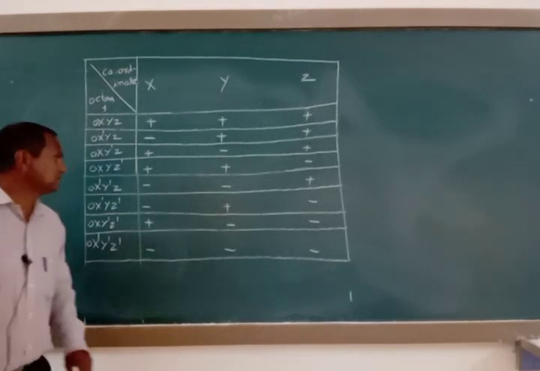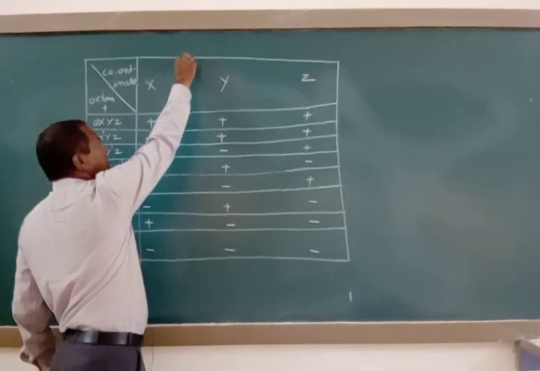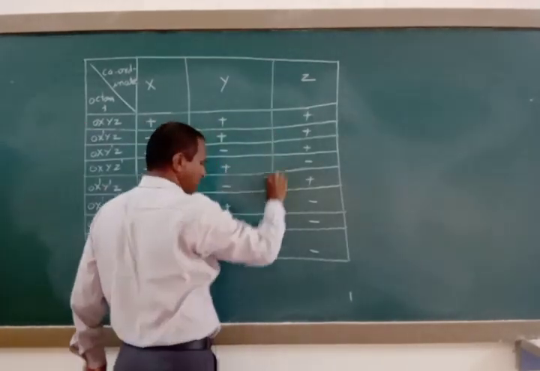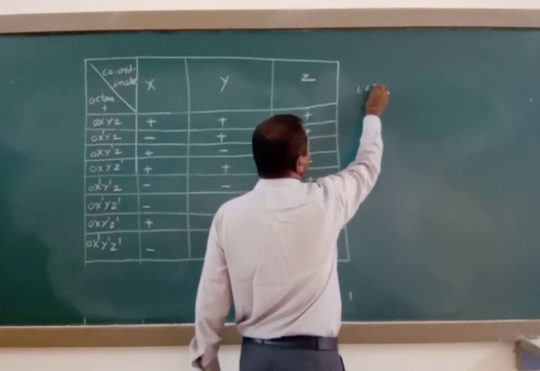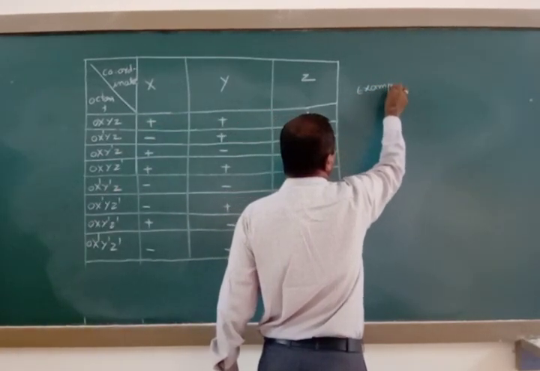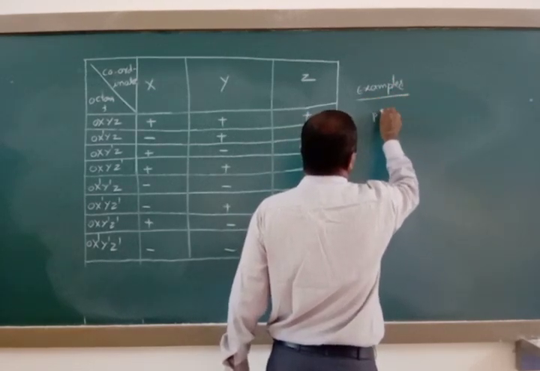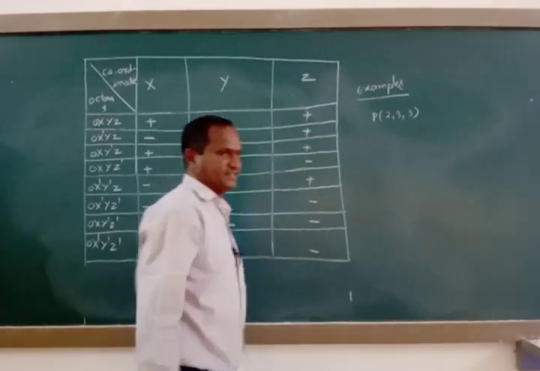How? They will ask simple questions based on this table. For example, the point P(2, 3, 5) lies in which octant?